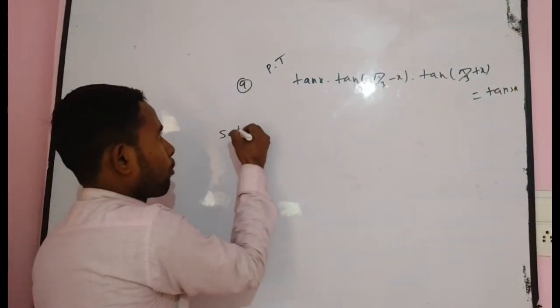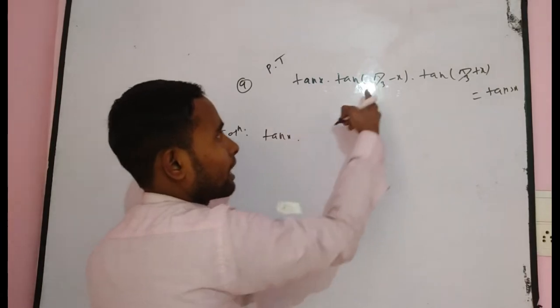Firstly, you have to apply a formula. It is given tan x into tan(pi by 3 minus x).